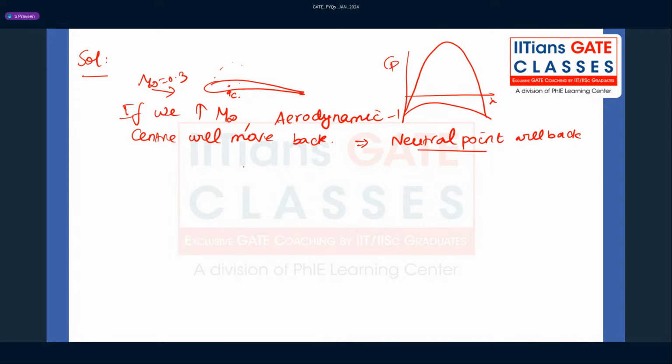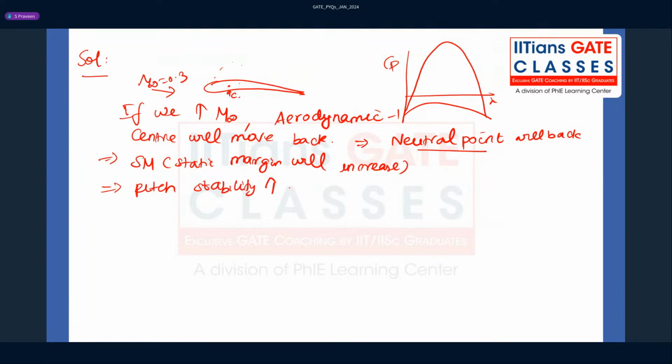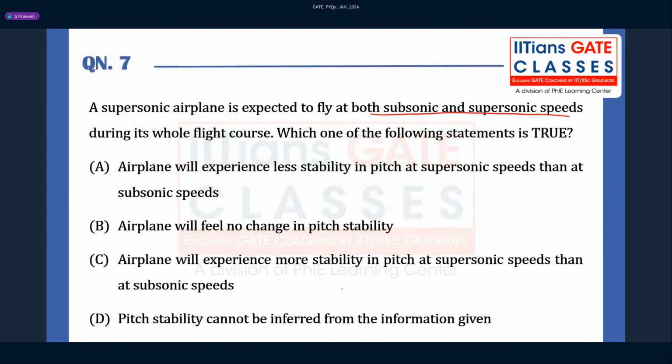So if neutral point moves back, what will happen to the static margin? Static margin will also increase. If static margin increases, then what can we say about the pitch stability? It increases, right? Which means what? If I go back to my option, so if I increase the speed, there is more stability at supersonic speed. So it means the answer has to be option C.